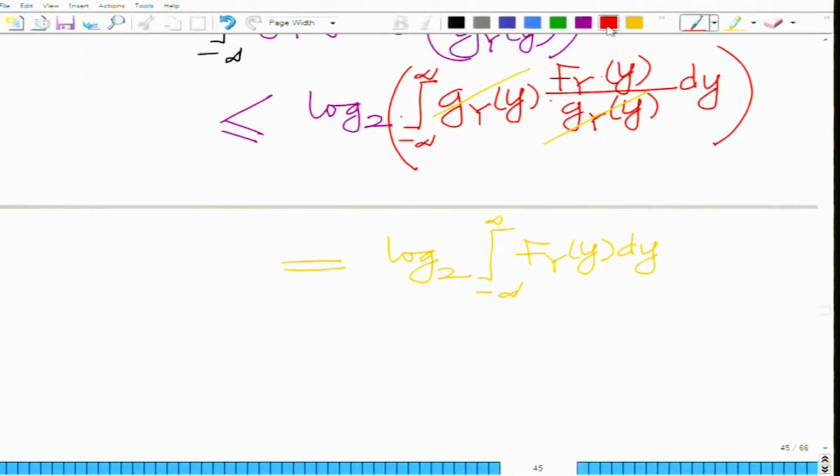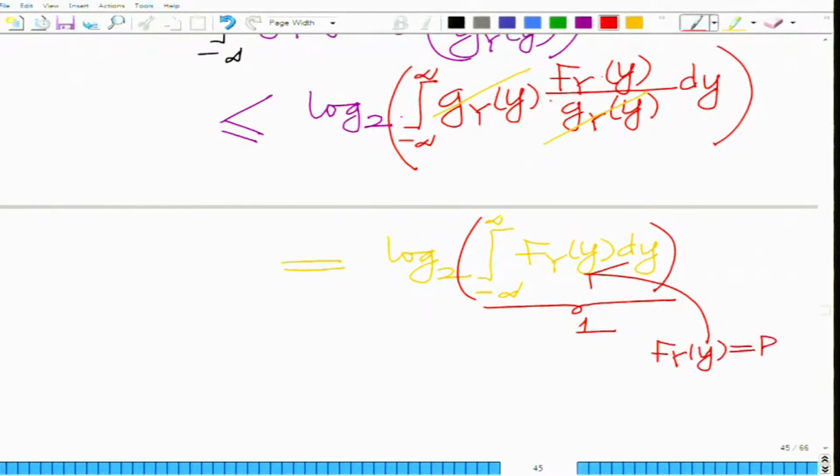of f_Y(y) dy, but this quantity is the area under the probability density function, because f_Y is any probability density function. This quantity, the integral from minus infinity to infinity of f_Y(y) dy, is the area under the probability density function.